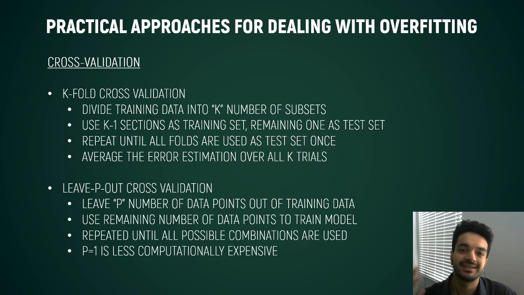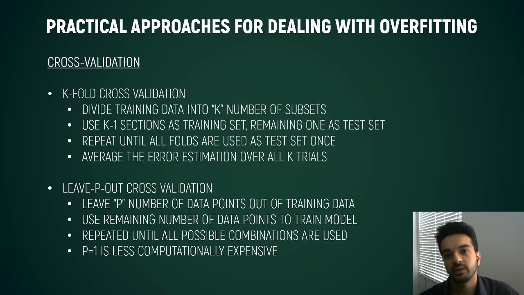We divide our training data into 5 different subsets, and then we use 4 of them as our training data and 1 of them as our test data. This is repeated until each subset acts as a test set at least once. So we repeat it 5 times because k equals 5. In the end, we average the error estimation over all k trials to get an evaluation score.